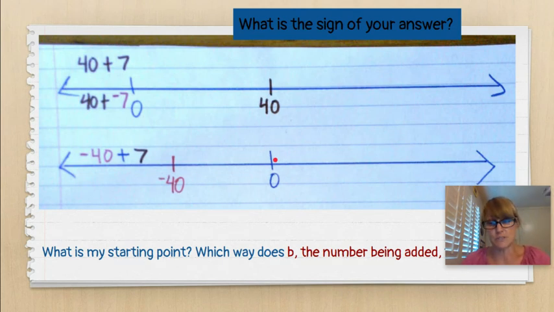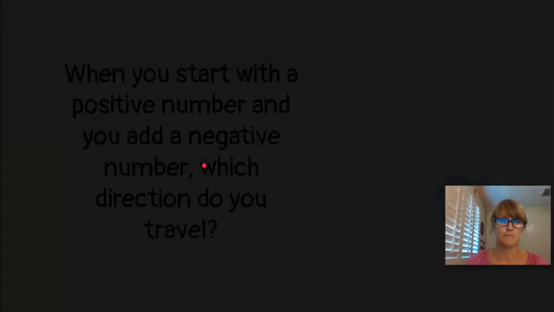I can't take 40 steps. So I'm going to start at -40 and take 7 steps. It's really tiny, huh? So -40, take 7 steps forward. I'm still on the negative side here. So I'm going to land at -33. It's kind of weird. You still subtract 40 minus 7, but then I know my answer is going to be negative because I didn't make it across the 0 to get to the positive side. So it's going to be -33.